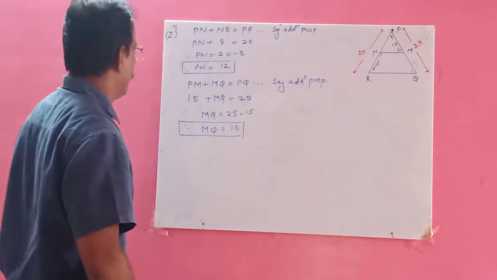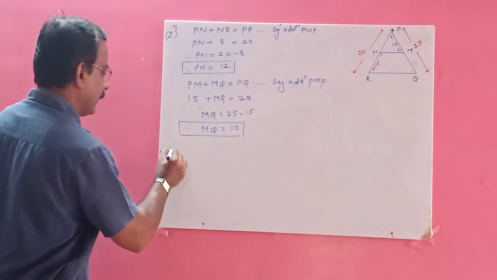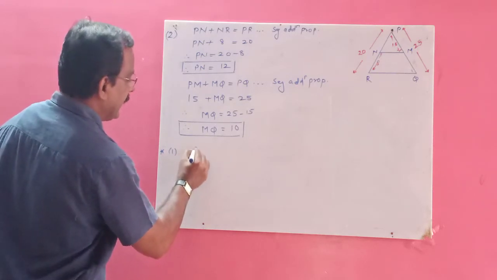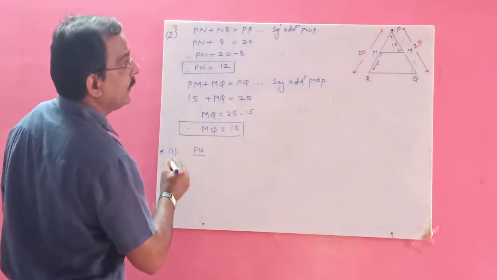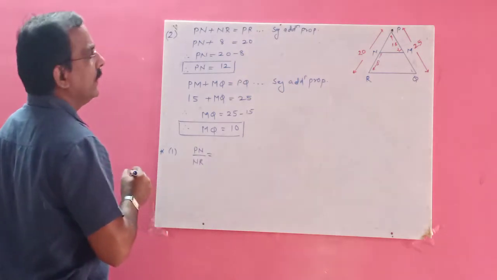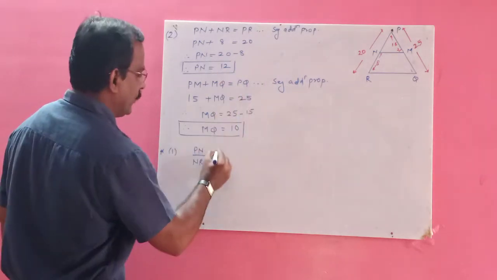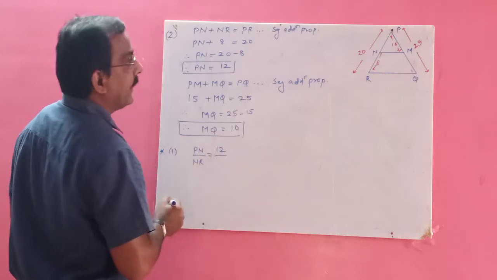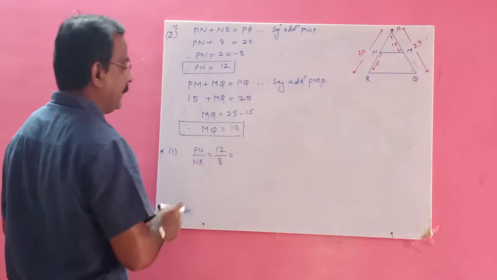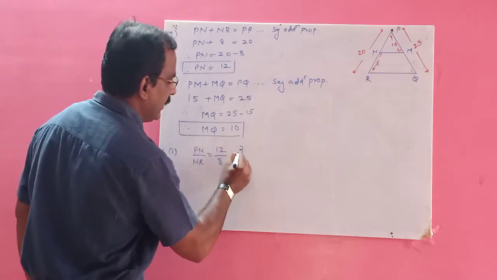Find out the ratio. Write point number 1. PN upon NR is equal to PN, we got here 12, and NR we have 8. If you divide by 4, it becomes 3 upon 2.